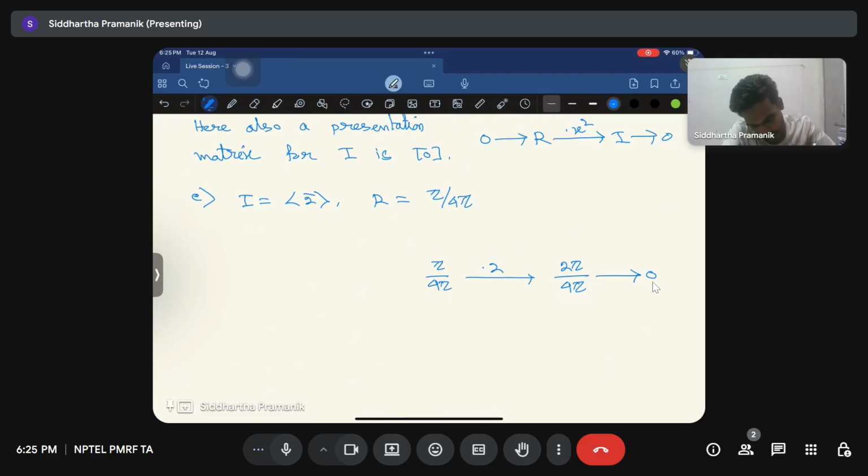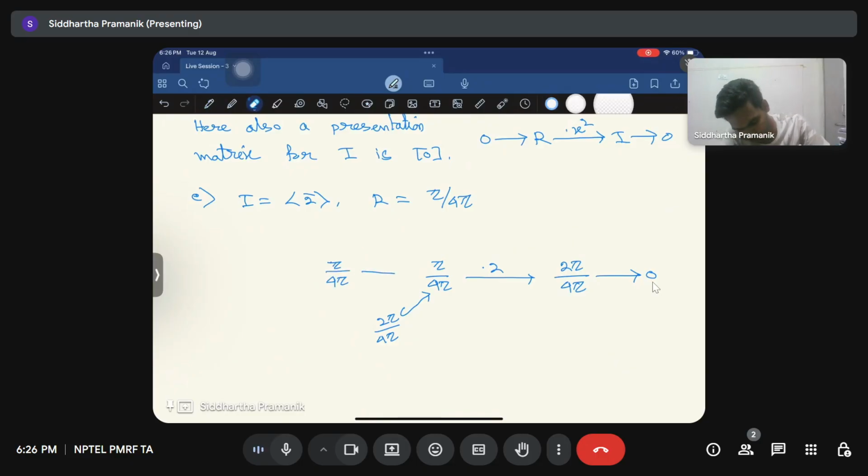So this is exact. Now what is the kernel of this multiplication by 2? This is again 2Z by 4Z. So this kernel here is not 0, and this map will not end here. So again we need to take multiplication by 2.